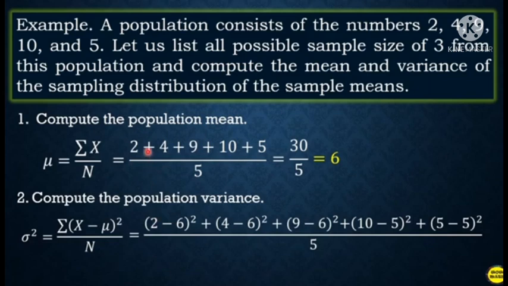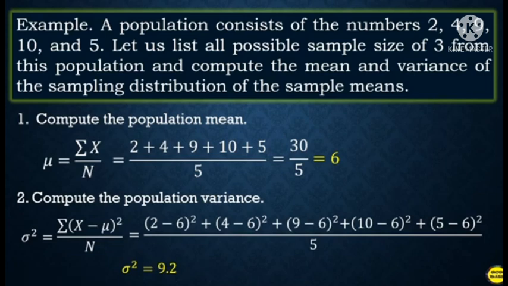Isa-subtract lang natin isa-isa: 2 minus 6 squared, plus 4 minus 6 squared, plus 9 minus 6 squared, plus 10 minus 6 squared, and plus 5 minus 6 squared. After natin masimplify itong nasa taas, divided by 5, the answer is 9.2. So, yung population variance natin is 9.2.